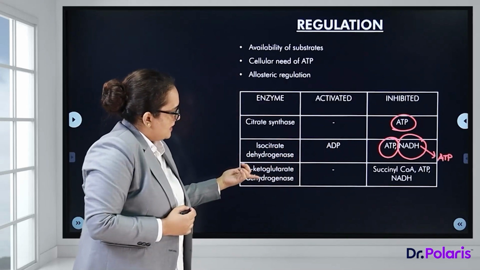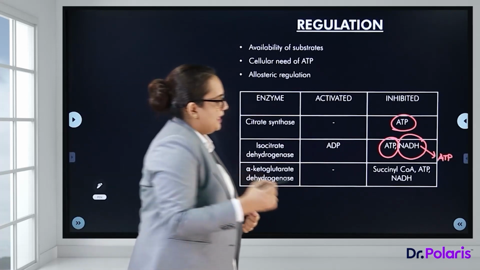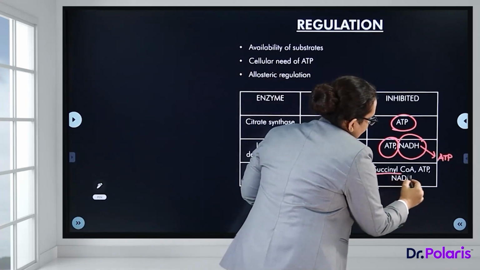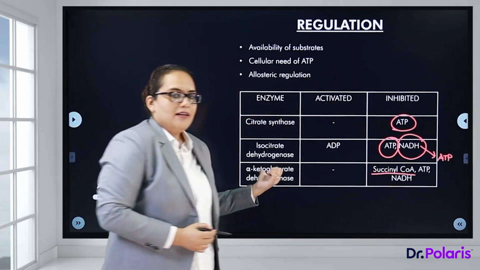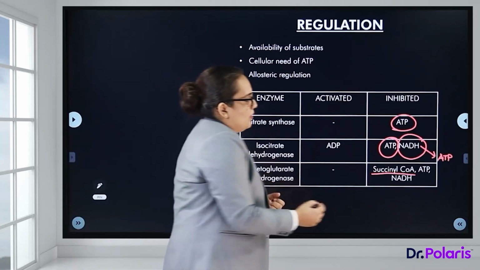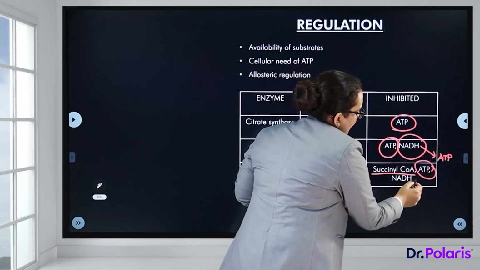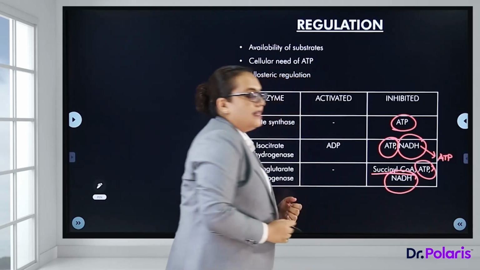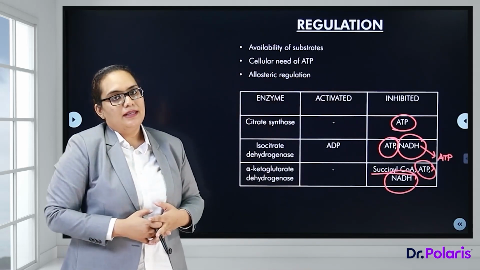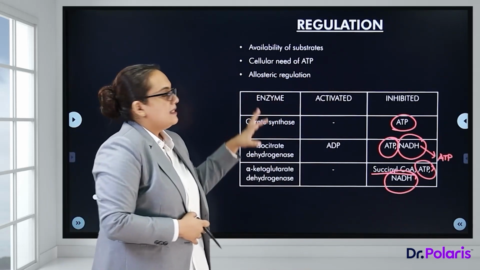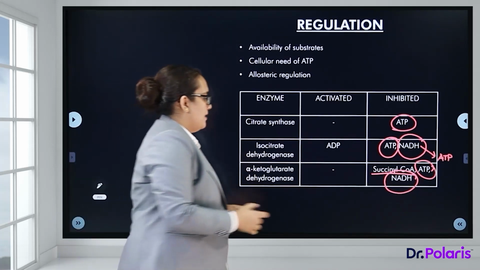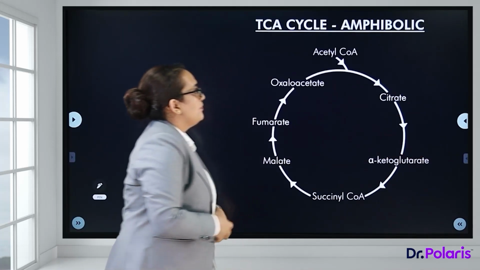And the last but not the least is alpha ketoglutarate dehydrogenase. The product formed, which is succinyl-CoA, is known to inhibit the enzyme. Also, presence of energy as well as the reducing equivalent will inhibit the enzyme. So this is the regulation of tricarboxylic acid cycle.